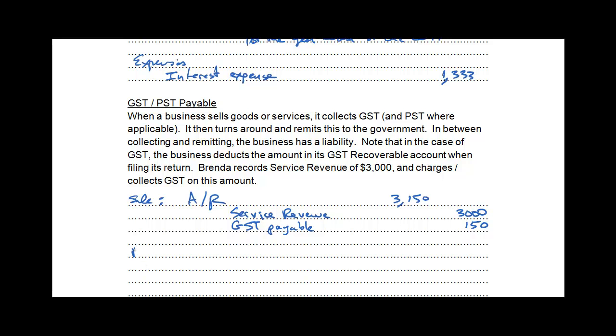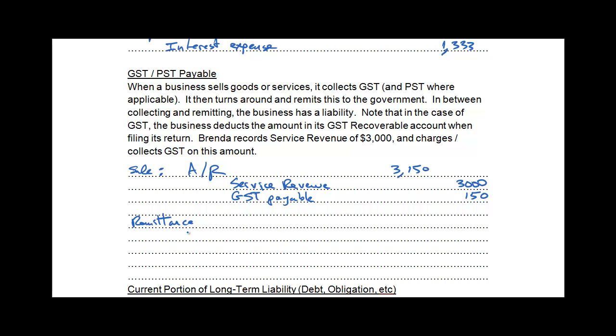Okay, so now she has to make the remittance. Let's say she remits monthly, and this is the only business she did in the month. So what has to happen? Well, first we zero out our GST account. So we zero out GST payable by debiting GST payable for $150.